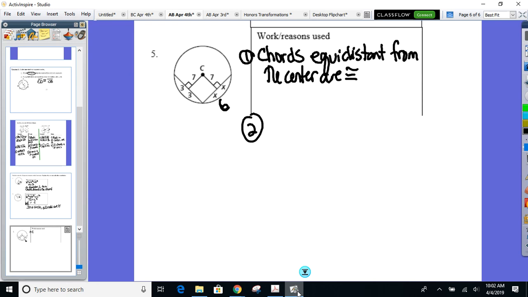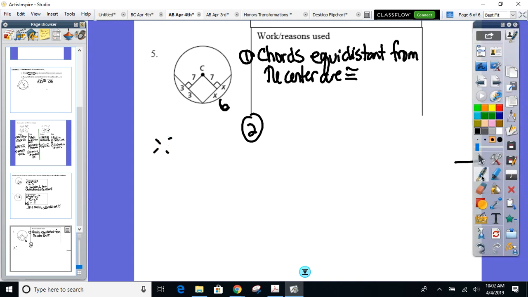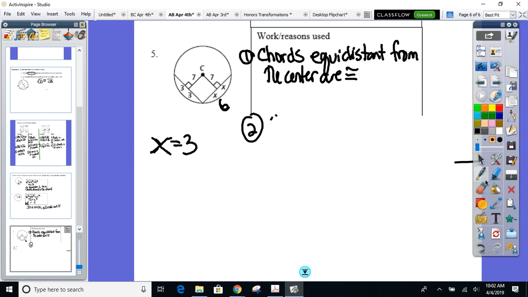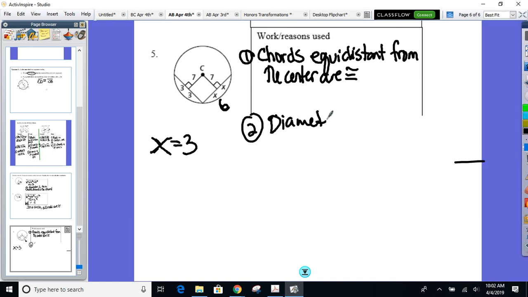So if I bisect 6, I get x equals? Yep, 3. And Dylan, want to do that theorem again? Diameter perpendicular to a chord bisects the chord. Yep.